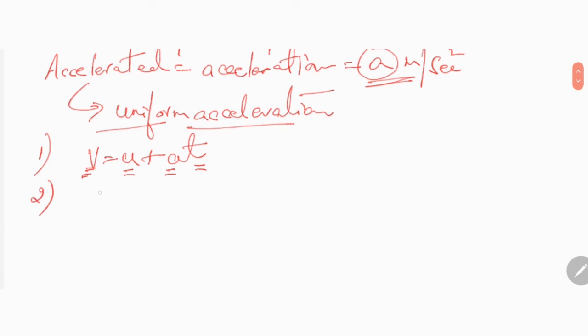Your second equation is s is equal to ut plus half at square. s is your displacement, not distance. Let's be very clear, it is displacement.